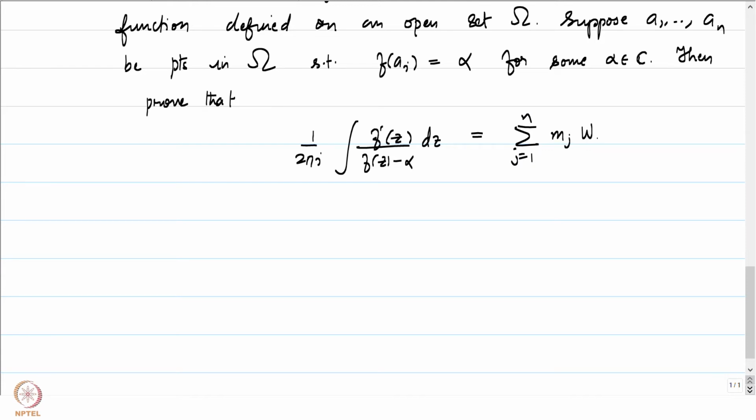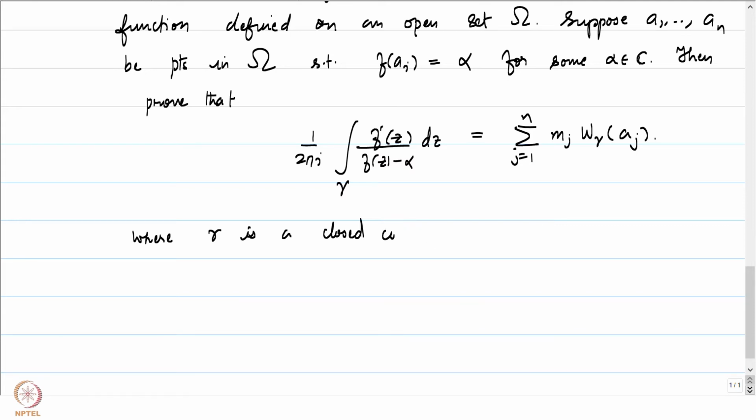mj times the winding number of gamma around aj. So there are many things which have to be explained, where gamma is a closed curve. In fact, let me put an extra condition of differentiability so that we can work with it freely.